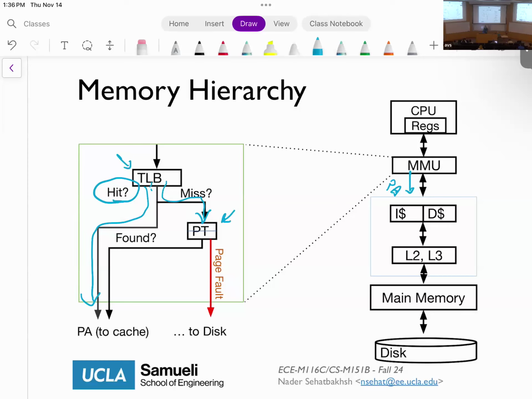If the address is stored inside the DRAM, it exists in the page table, so we're going to have the physical address. But the address may also not be in the page table if the valid bit is 0, which means that the address now exists in the disk. This is called a page fault, and now we need to go to the disk and bring that value. So I no longer need the physical address, I need the disk address. I need to go and grab it from there. Okay?